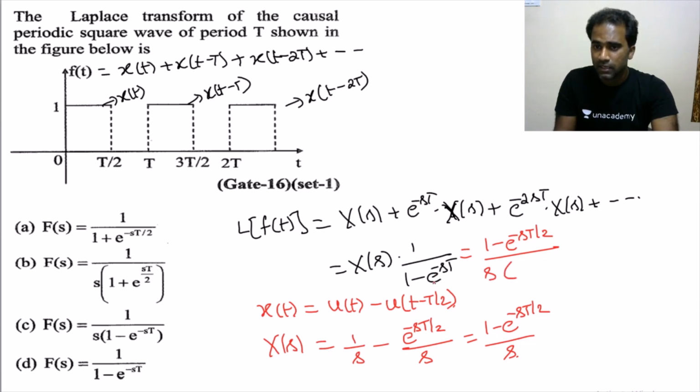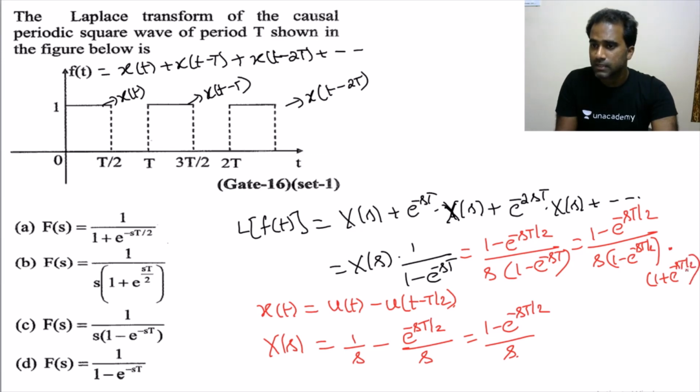What else is remaining? 1 by 1 minus e power minus sT. Now, if you look at the numerator, it is looking like 1 minus a, and the denominator, if this is 1 minus a, is like 1 minus a square. So we can express it as 1 minus e power minus sT by 2 into 1 plus e power minus sT by 2. Look at this one. It is looking like 1 minus a into 1 plus a. The denominator can be written as 1 minus a square.